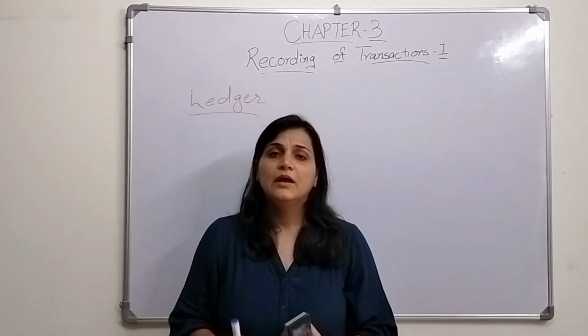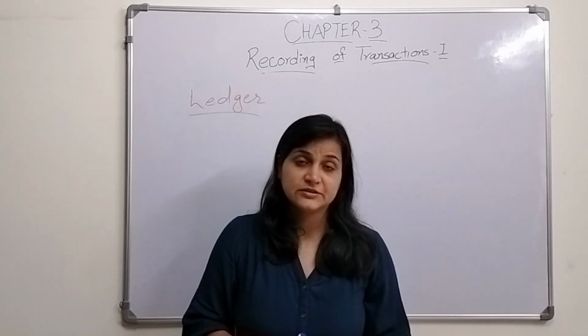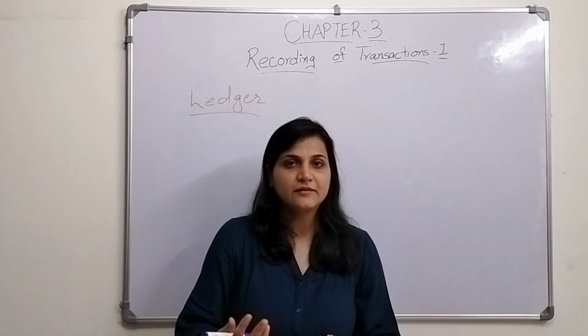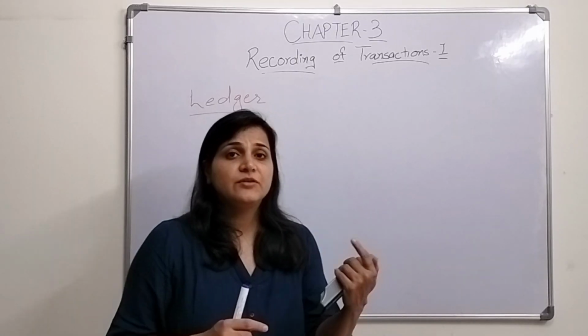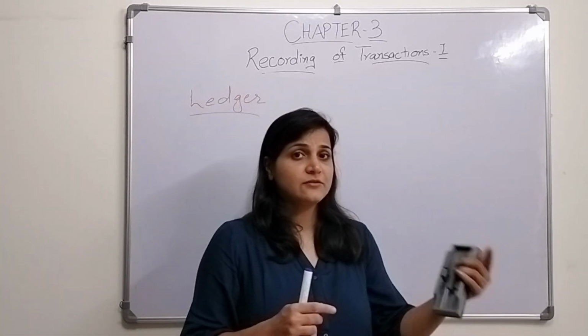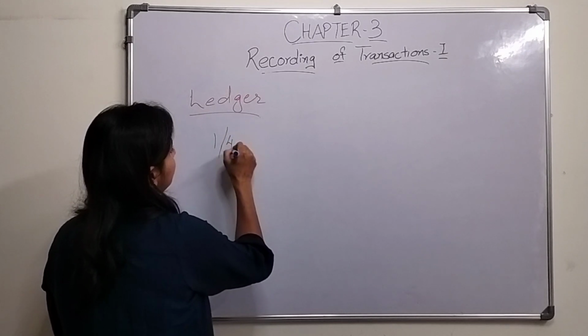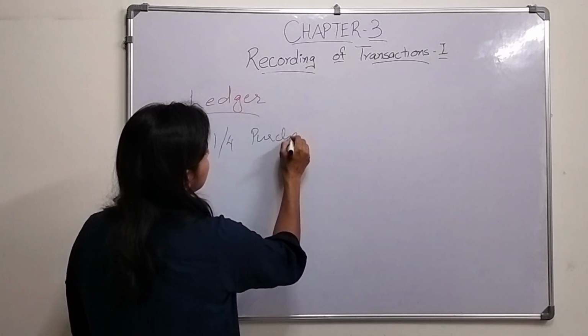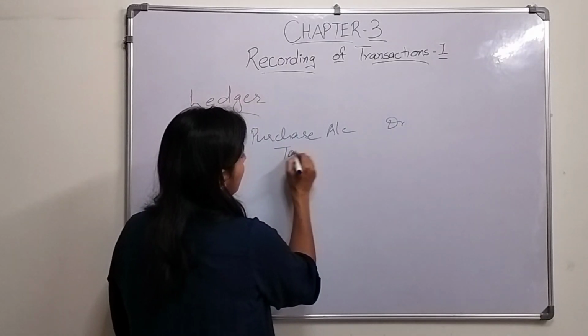Okay, the next topic that we are going to discuss is ledger. Now, before I tell you what a ledger is, let me again start with an example. The example where we purchased mobiles from Mr. Aman. Okay, so on 1st April, I purchased mobiles from Mr. Aman.